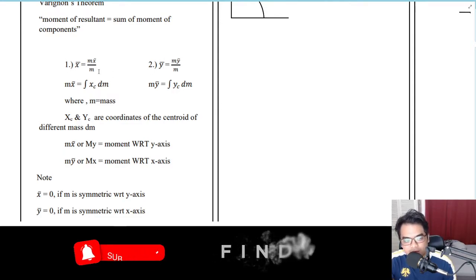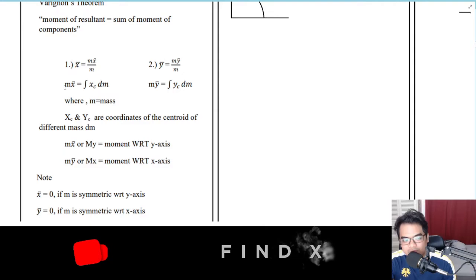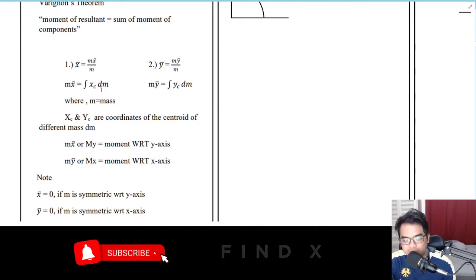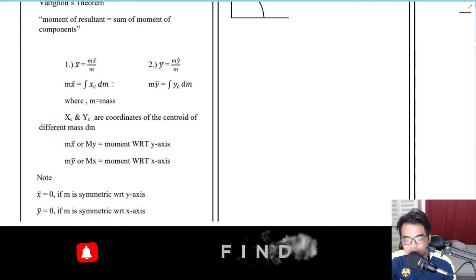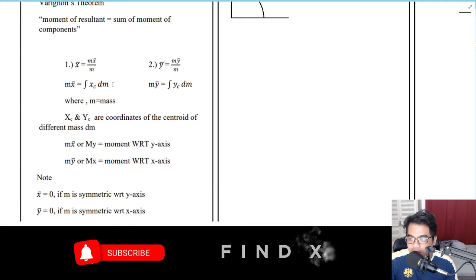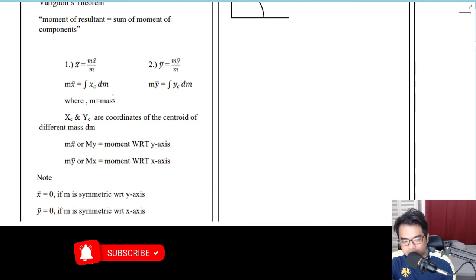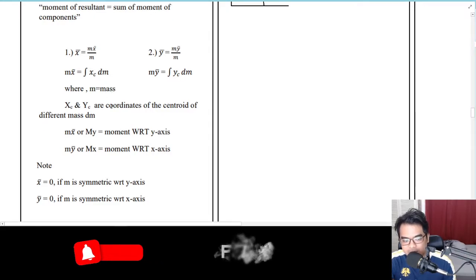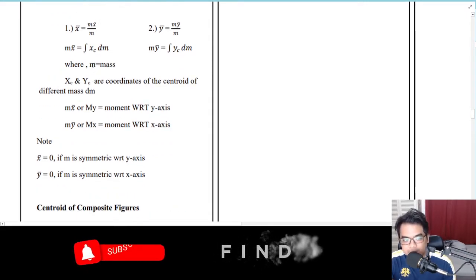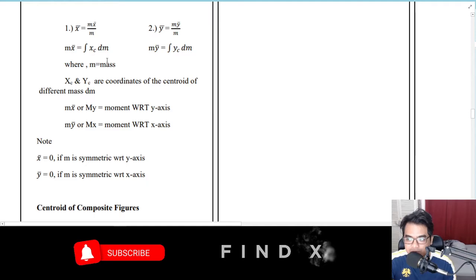Cross multiplying, you'll have M x bar equal to the integral of xc, which is the x centroid, dm. So dm can be dy or dx or whatever variable you will be using, where m is the mass. Remember that m, or the mass, is also replaceable by area or volume.